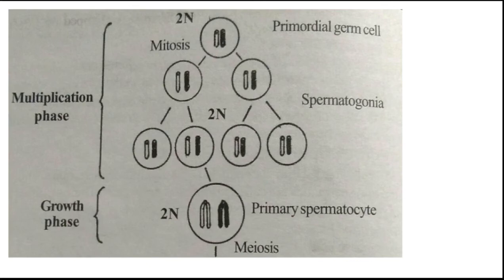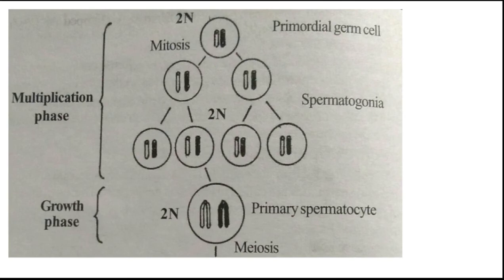In the growth phase, the spermatogonium grows and its volume increases. Now the cell is called a primary spermatocyte. It is also diploid in nature, as you can see here.